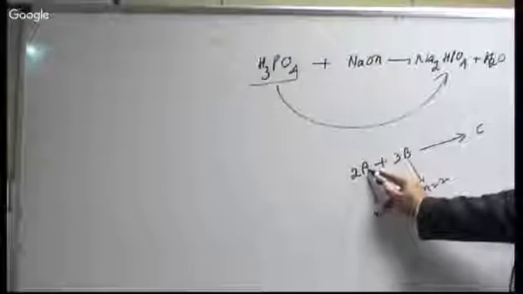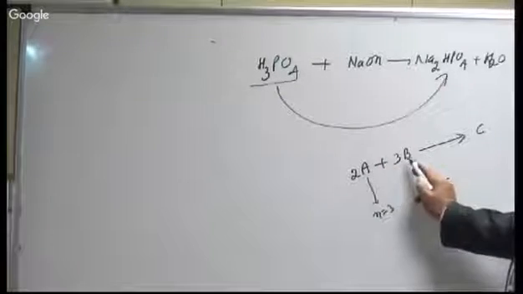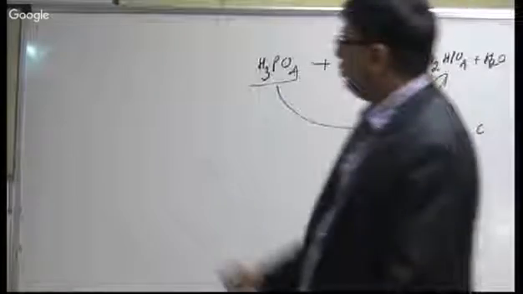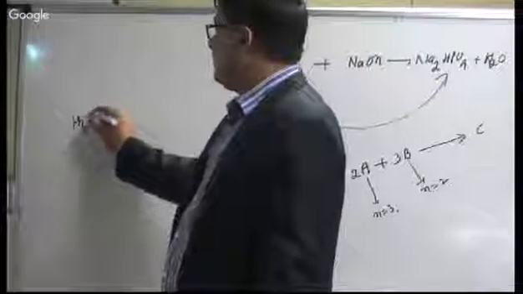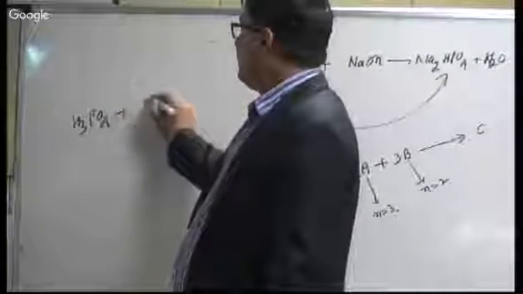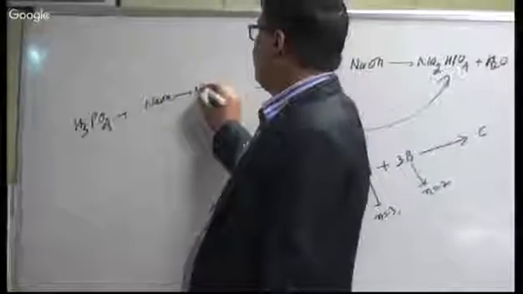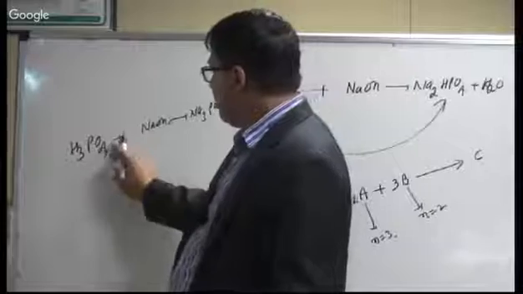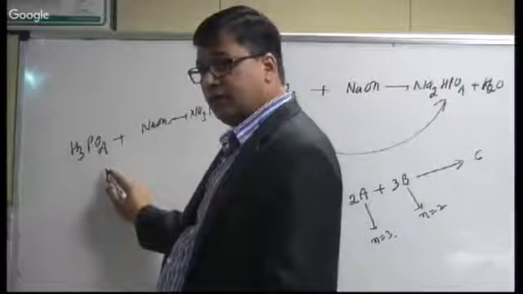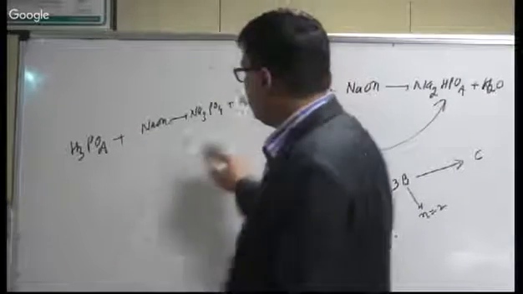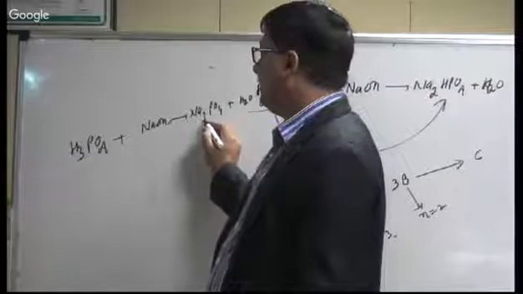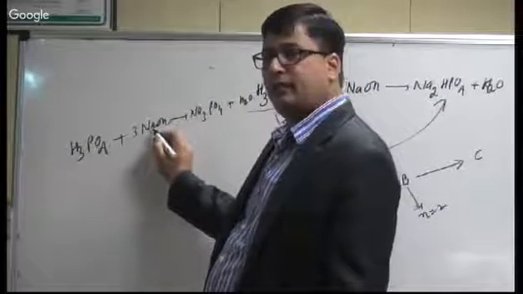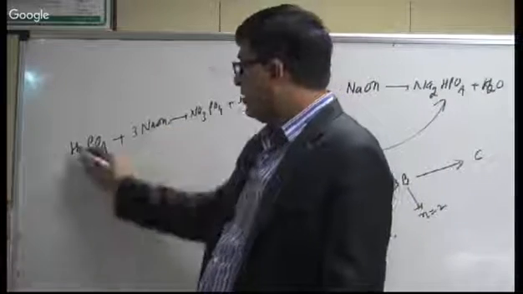So the coefficient of B is actually the N factor of A. तो H3PO4 अगर 3 हाइड्रोजन के साथ रिएक्ट करेगा NaOH के साथ, it gives Na3PO4 plus water. So the N factor of H3PO4 is 3. तीनों हाइड्रोजन दे दिए ना, तो यहाँ पे 3 लिख देते हैं. NaOH का N फैक्टर क्या है? 1. 1 OH is replaced, so यहाँ पे 1 लिखते हैं.